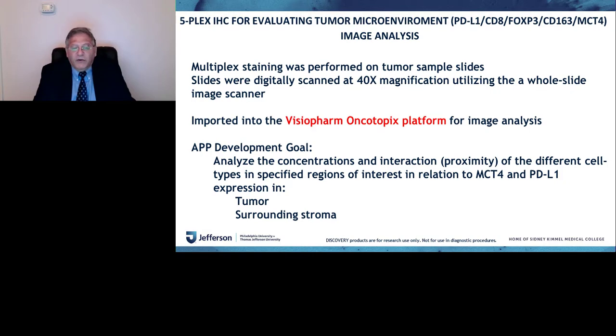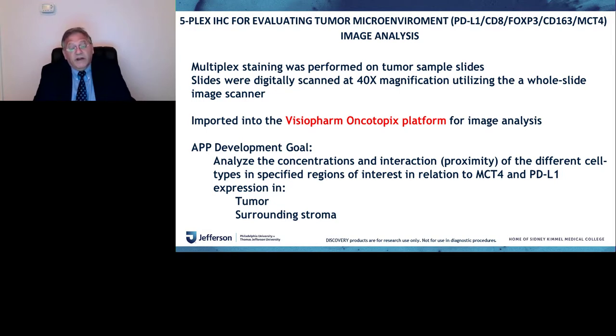After we performed the multiplex, we scanned the images as a whole slide image on our scanners, and then we used an image analysis basically from Visiopharm platform.